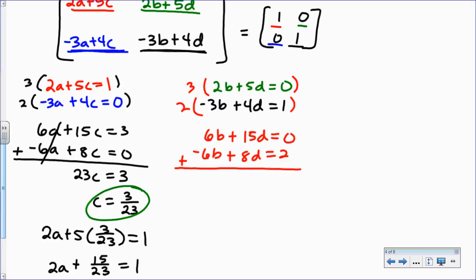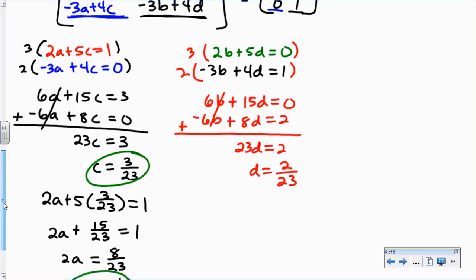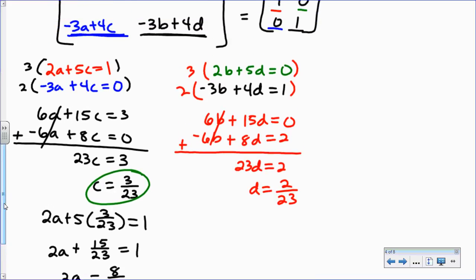So 23d equals 2, so d is 2 over 23. It's a bit silly when you get the same denominator, even though they're not nice numbers, but that should reassure you that you're on the right track. They won't always all have the same denominator because sometimes when you reduce, it can make them smaller.